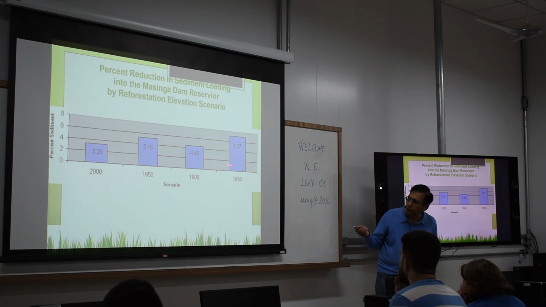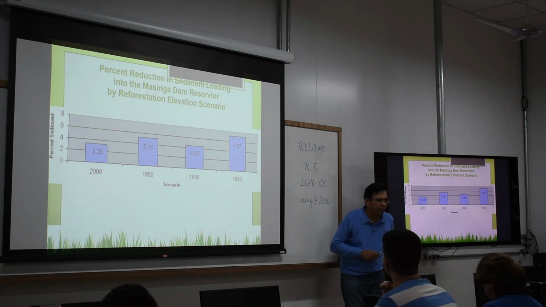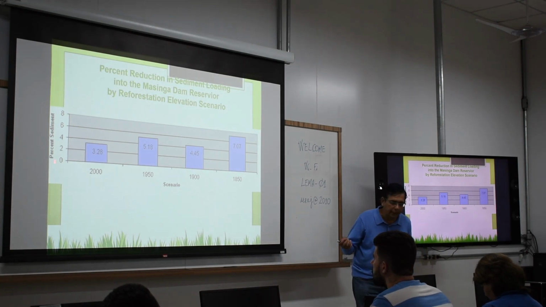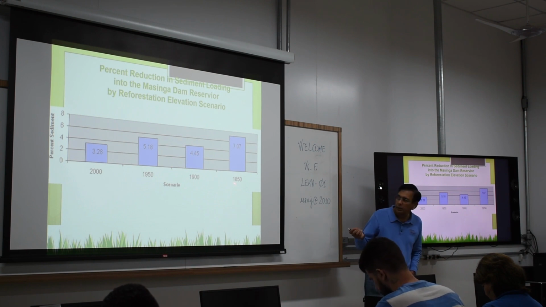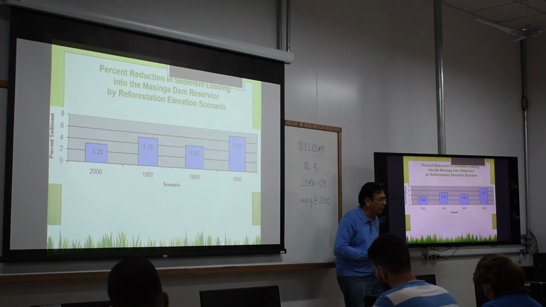So this shows that if you are able to do that, you are able to extend the lifespan of your dam. This is the percent of sediment reduction, how much you can reduce. You can reduce as much as 10% if you increase reforestation at about 1850 meters elevation.